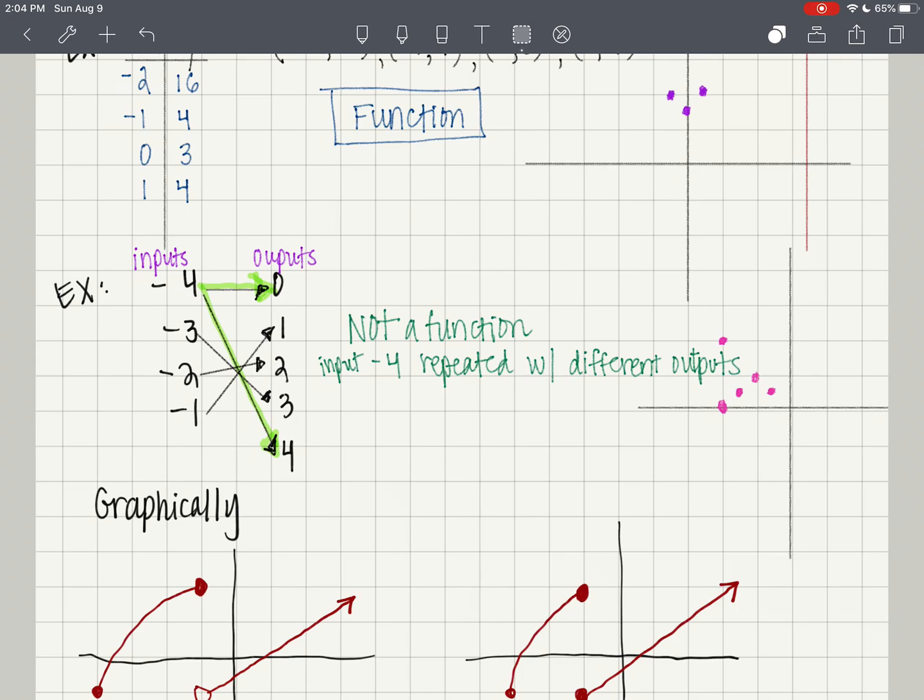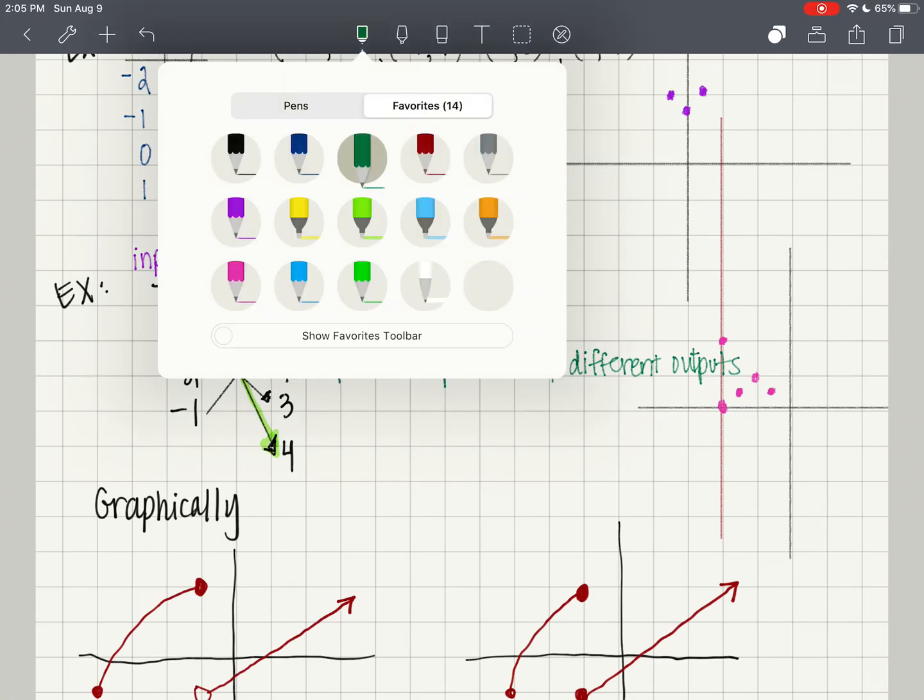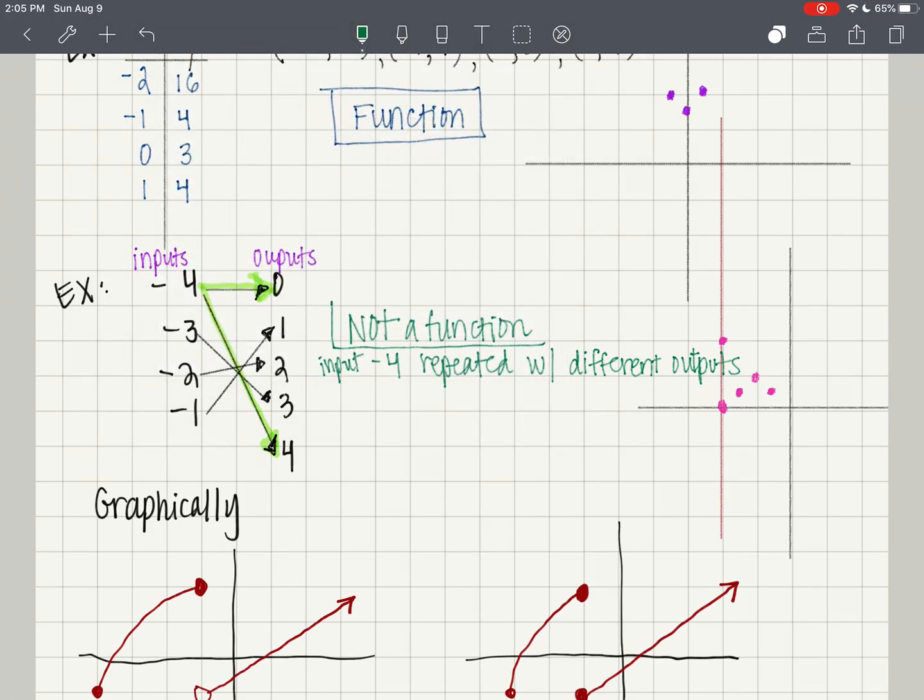So let's bring in that red vertical line test. We have the red vertical line going from right to left only because it was on the right originally. It passes, it passes, it passes, it fails. It only takes one failure and then the whole thing is not a function. So this is not a function.